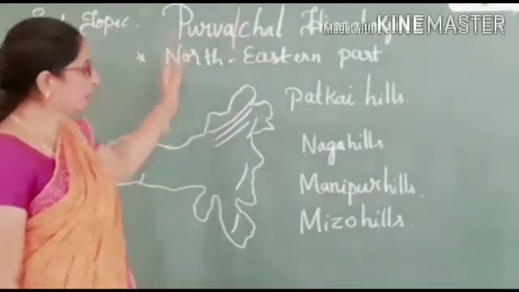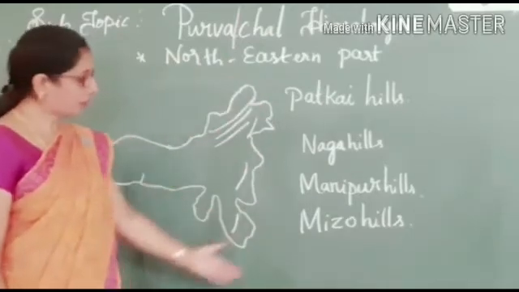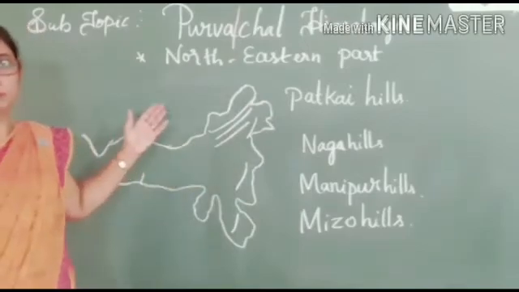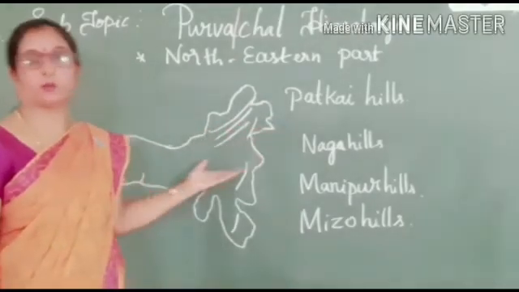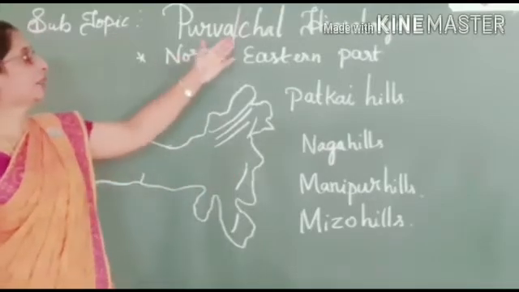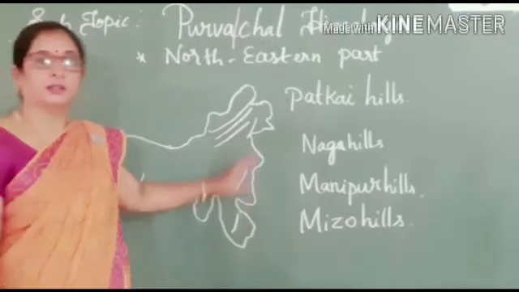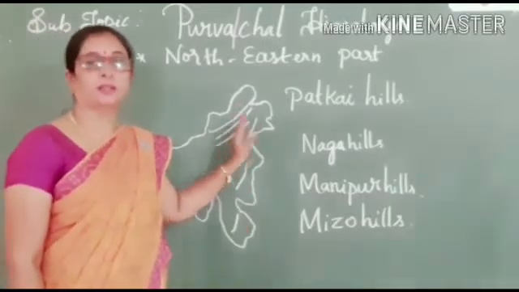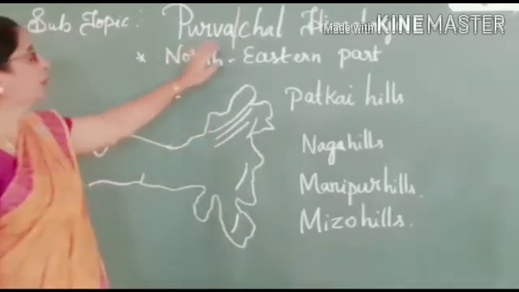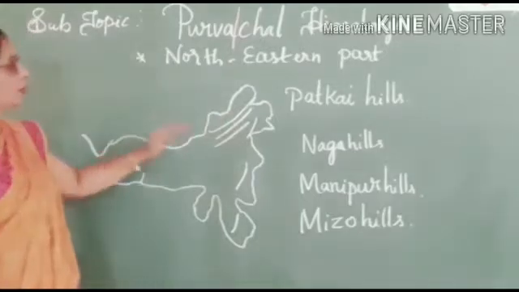The mountains spread in the east part of India are called Purvanchal. In some books they have given Purvanchal, and here in your textbook they have given Purvachal. Okay, let us learn about this.